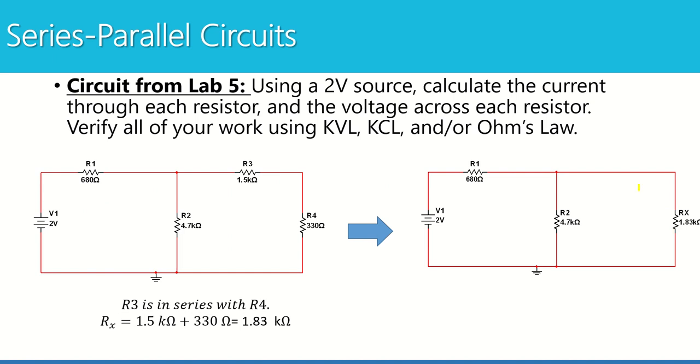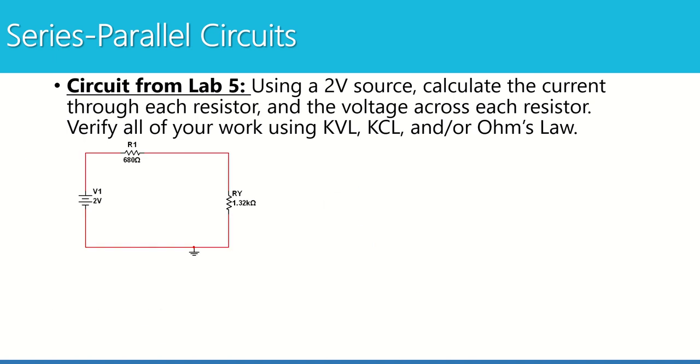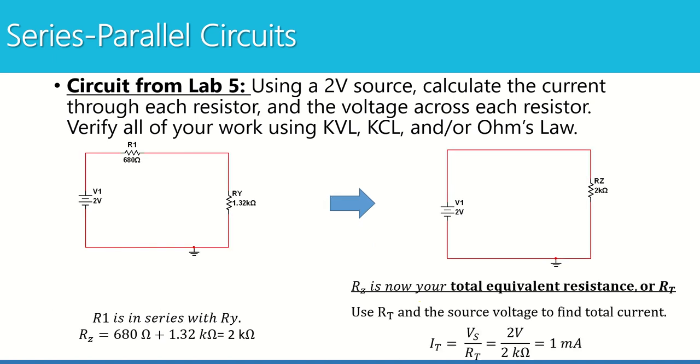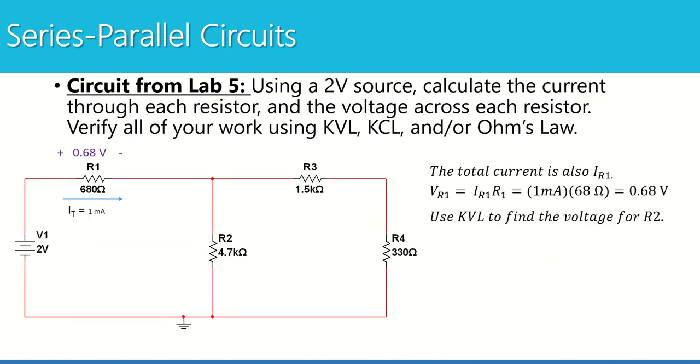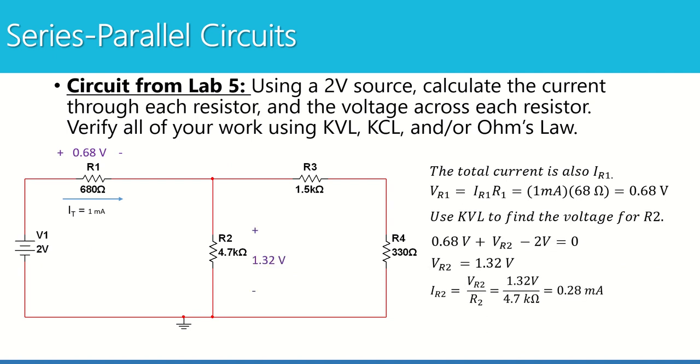If I can find the current through Rx, I can find the current for R3 and R4. So you have more than one way of looking at your next step. As long as you're applying our laws and rules appropriately, it's fine to have a different path than someone else might have done it.